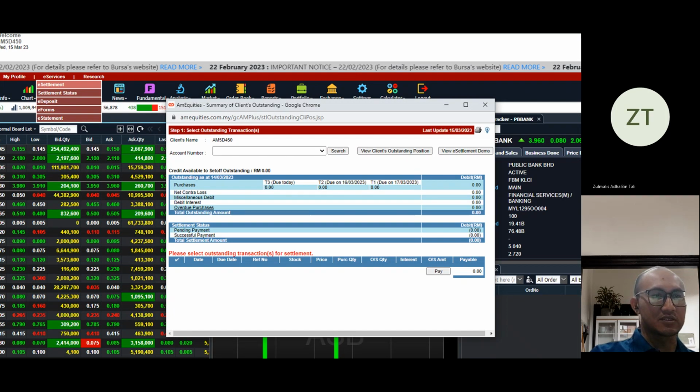So if you buy today, for example on the 16th, the 17th will be T+1, and then the 18th will be T+2. T means trading day, so it is based on working days. It will also show you the settlement status, pending payment or successful payment, under e-services and then e-settlement.